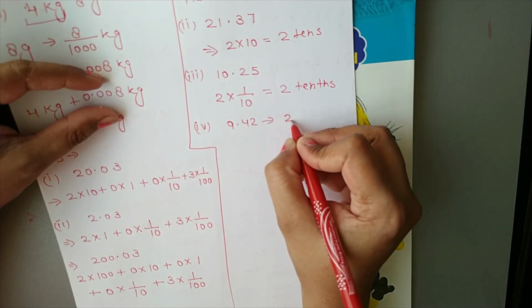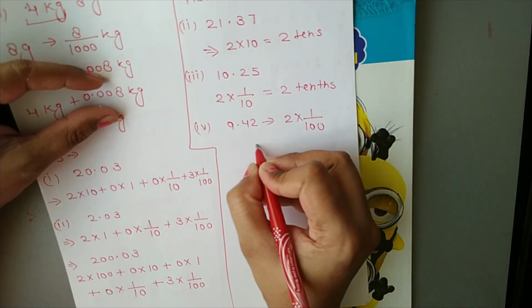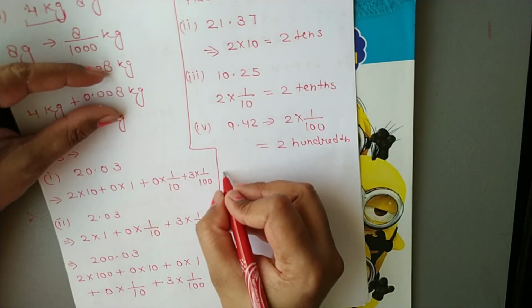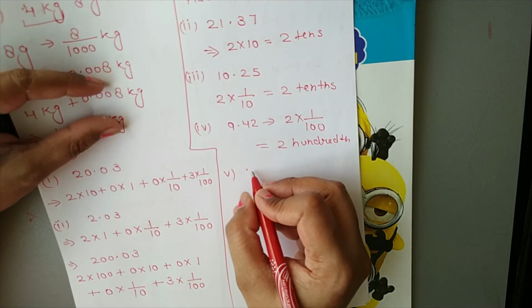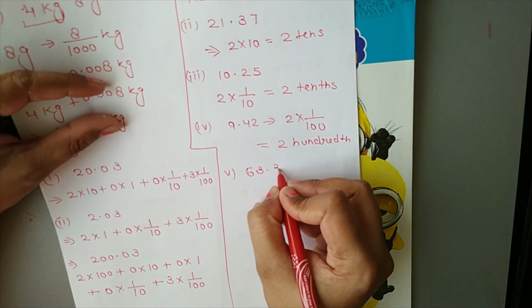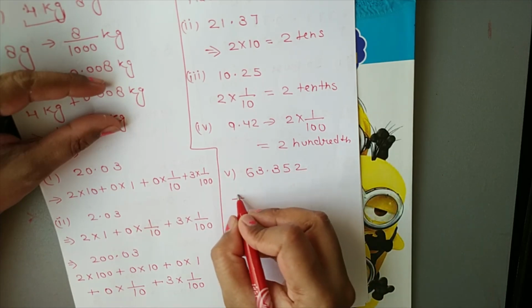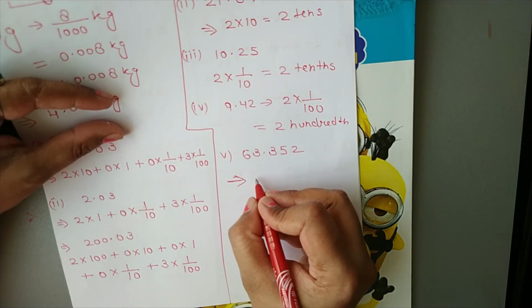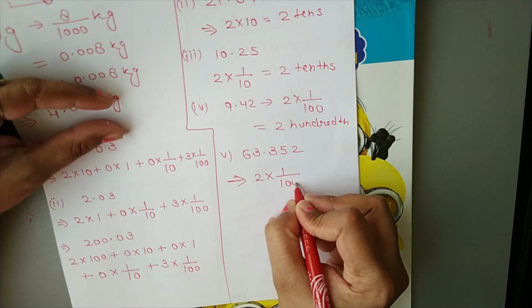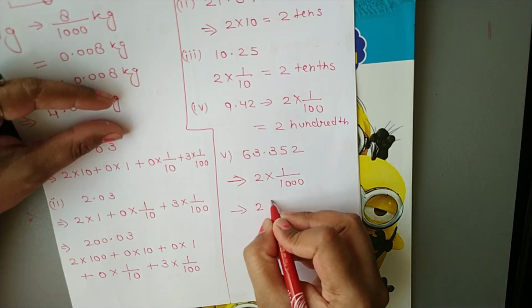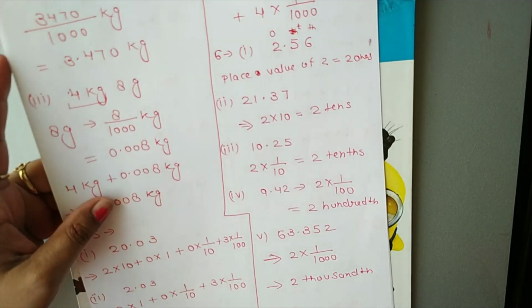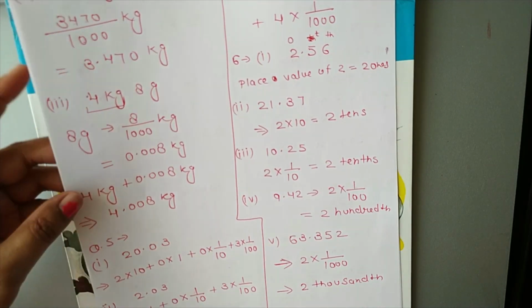It will be 2 into 1 upon 100, that is 2 hundredths. Then the fifth part, place value of 2 in 63.352. It is in the thousandths place, so it can be written as 2 into 1 upon 1000, that will be 2 thousandths.